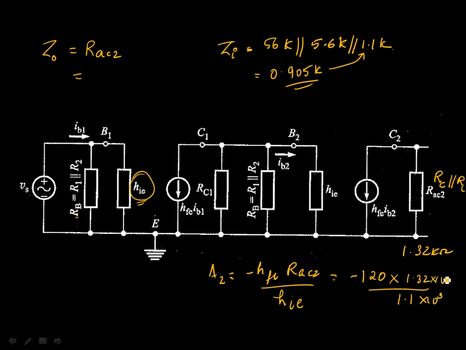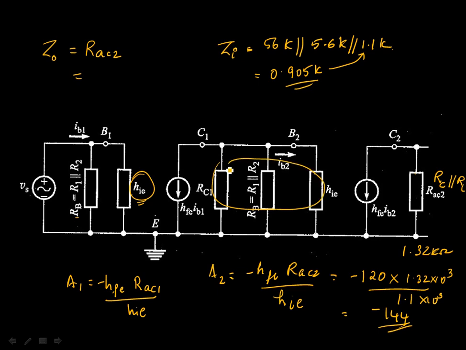Here also you have 10 raised to 3. So you will get A2 as minus 144. Now how will you find A1? A1 is minus HFE RAC1 by HIE. What is RAC1? This is the parallel combination of RC1. What is RC1?